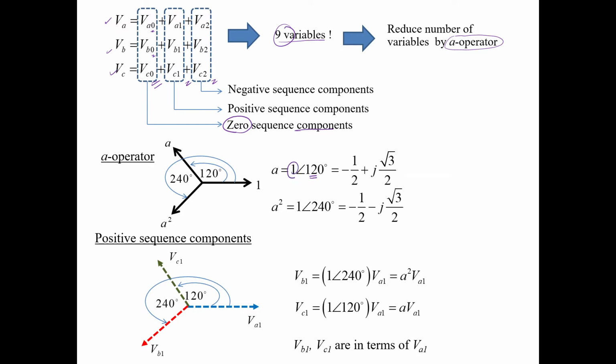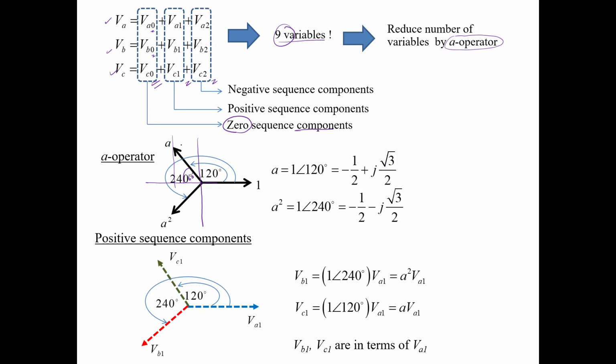Everybody knows that A can be expressed in rectangular coordinates as negative a half plus j square root 3 divided by 2. 120 means that this is 60 degrees from the negative axis, and you can see that this lies in quadrant 2. That's why we have a negative real part plus a positive imaginary part.